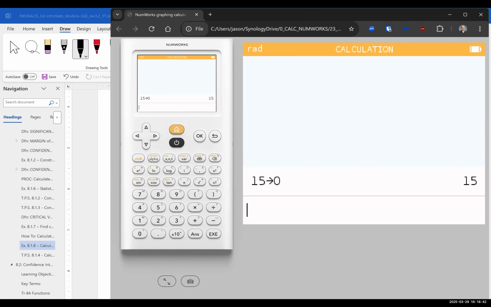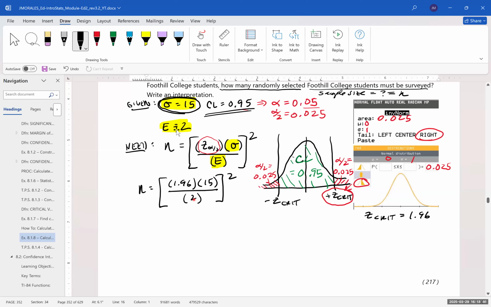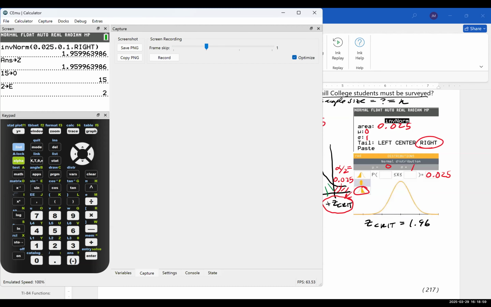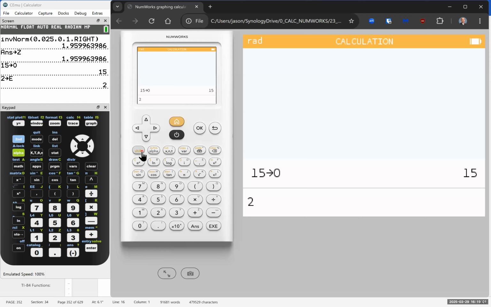Okay, and then our margin of error is 2, so I'm going to put the value 2 in variable E. So 2, I'm going to put into capital letter E. And on the NumWorks, I take the 2 and also put that in capital letter E, like that. All right.